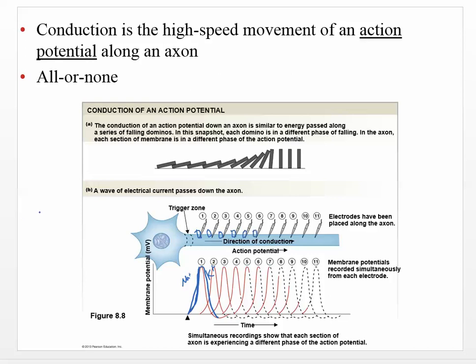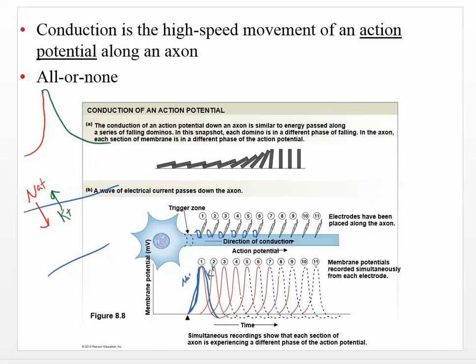All the way down you have sodium rushing in, and then immediately after that, potassium rushing out. It's the sodium rushing in that depolarizes it, and the potassium rushing out that repolarizes it.